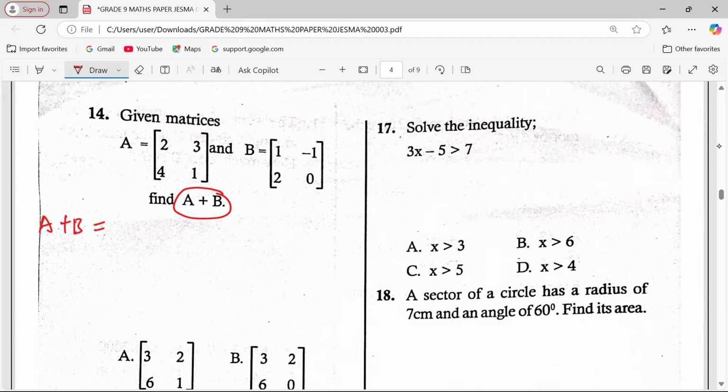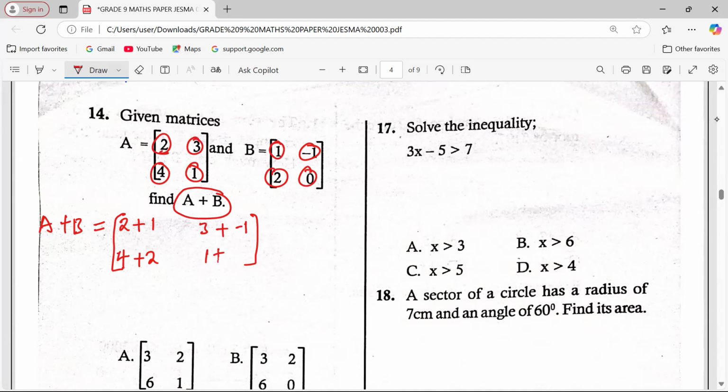this is going to be 2 plus 1 because they occupy corresponding positions. So 2 plus 1, then 3 plus -1. Then in the second row, we will have 4 plus 2 and 1 plus 0.